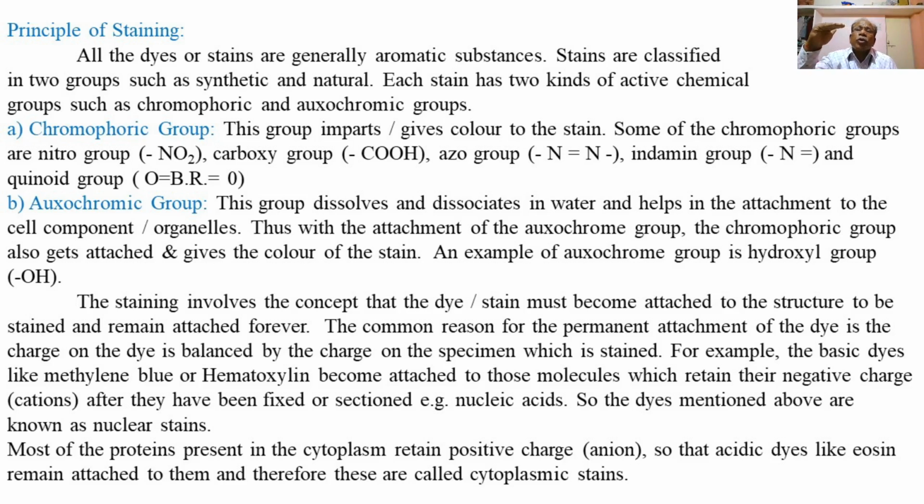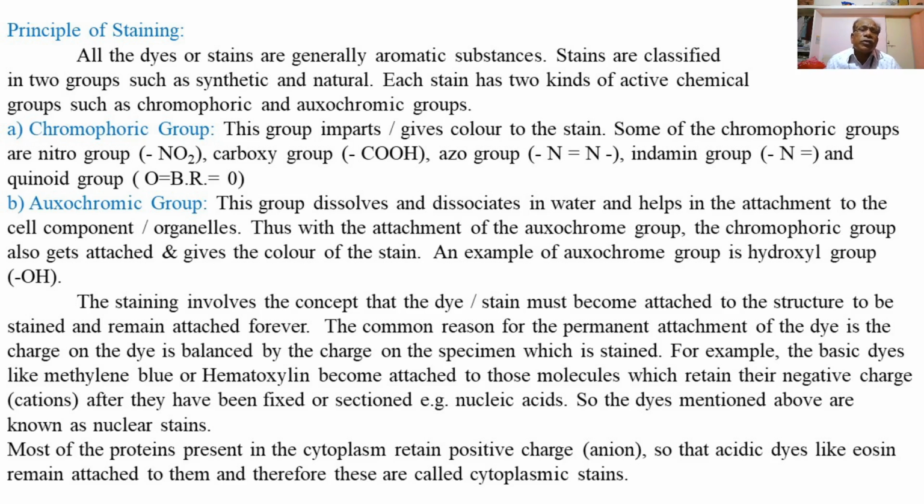So, the chromophoric group gives a particular color to the stain and the oxochromic group is responsible for the attachment of the stain to the biological preparations or the specimens or the cell components or cell organelles. And the example of the oxochromic group is the hydroxyl group or OH group.